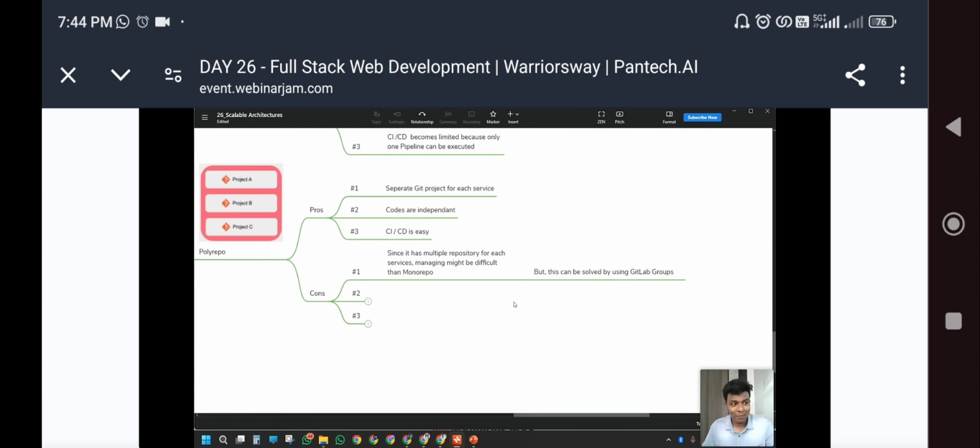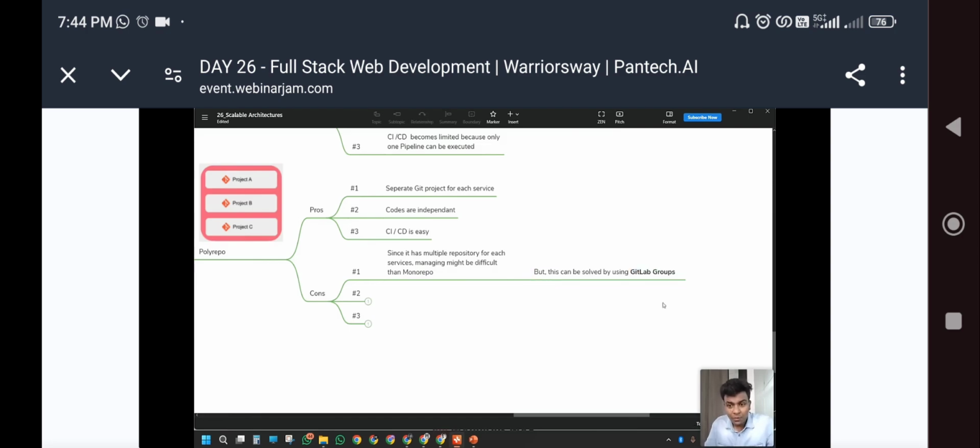So even if you have one repository for add to cart, one for shipping, one for wishlist, one for search, and so on, it is difficult to manage properly. But you can use some features of tools like GitLab. Okay, not GitHub, it is GitLab. GitLab has a feature called GitLab groups.